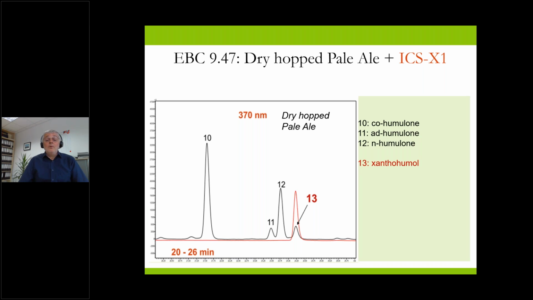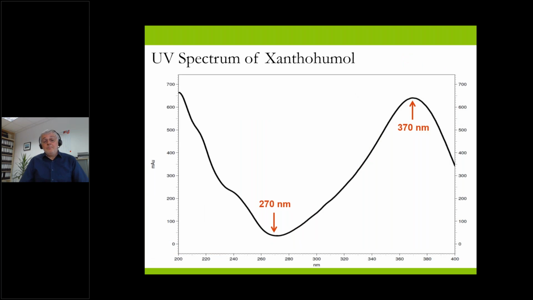And here is the co-elution. We did a co-injection of this dry hop pale ale with the new international calibration standard for xanthohumol. And you see this peak is clearly this xanthohumol peak, and you can clearly identify this xanthohumol using this wavelength. And it becomes very obvious that 370 nanometers is the best wavelength.